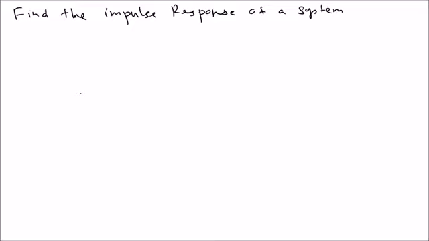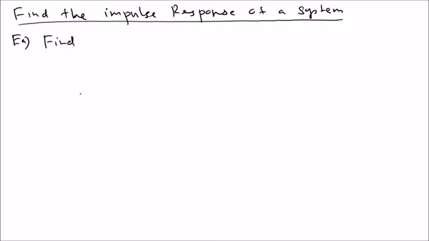So find the impulse response of a system. Okay, so for example, this is the question. I'm going to give the exact same wording: find the impulse response, or simply say solve the differential equation.